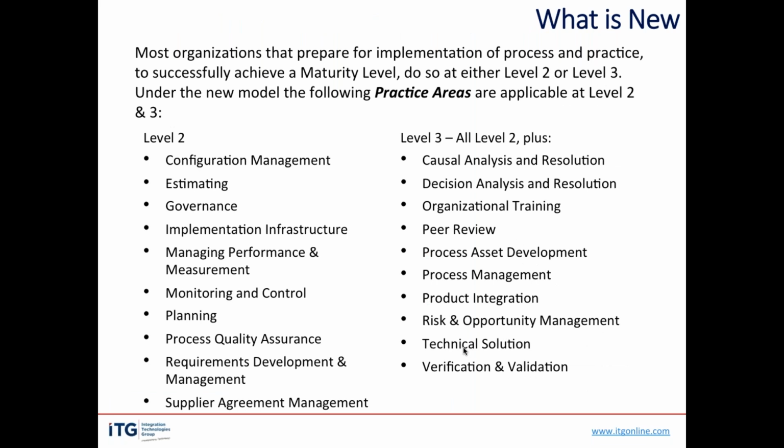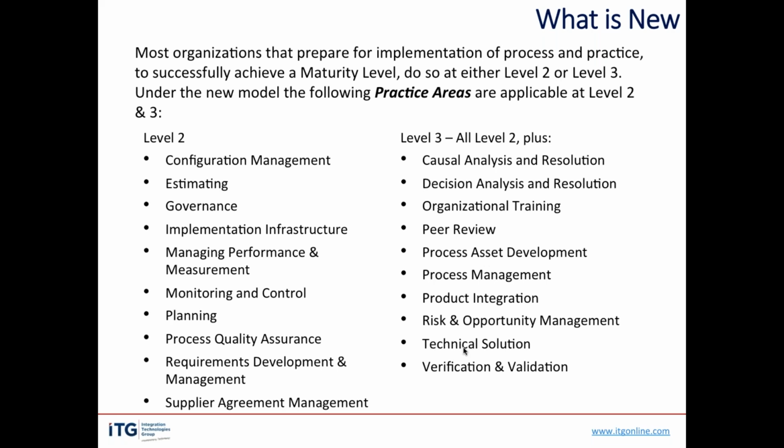So what's new? At level 2, there are 10 practice areas. Okay, configuration management, estimating, governance, implementation infrastructure, managing performance and measurement, monitoring and control, planning, process quality assurance, requirements development and management, and supplier agreement management.